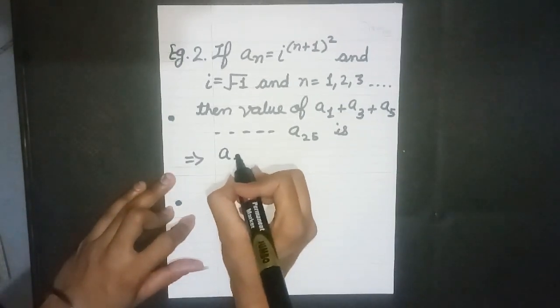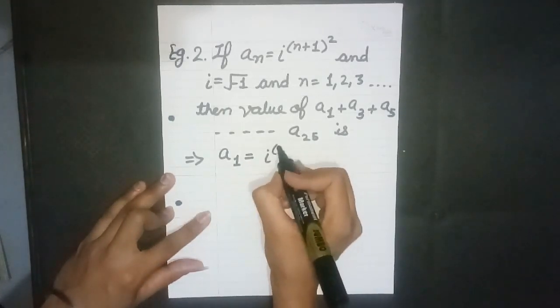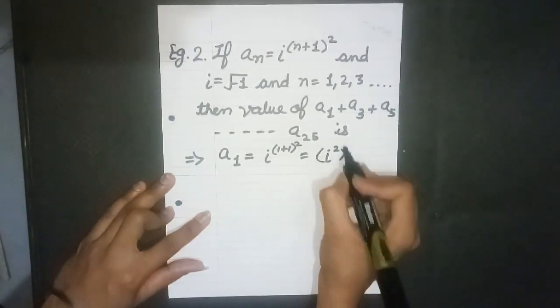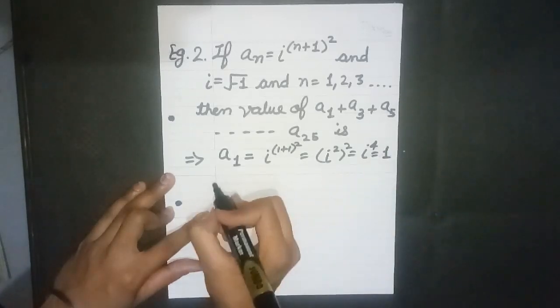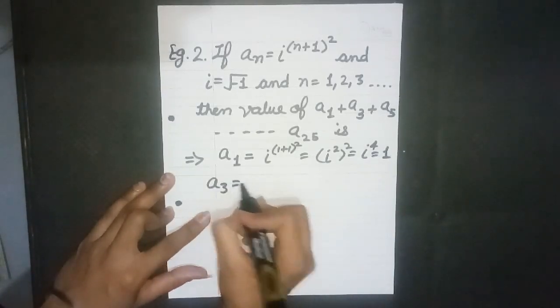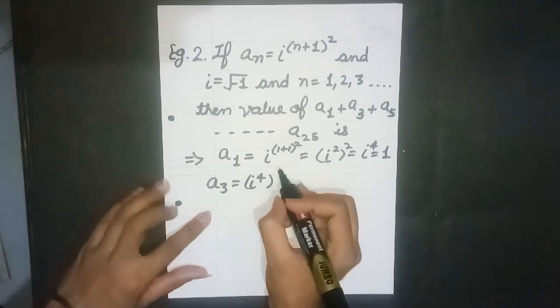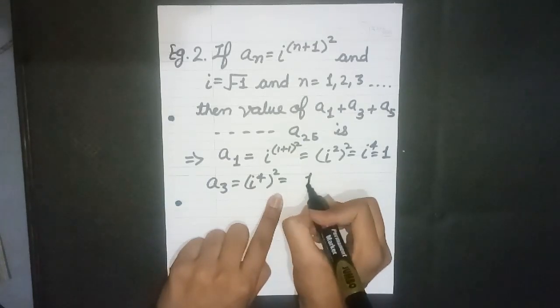Put a1, that is equal to iota raised to power 1 plus 1 square, that is equal to iota square, and then square that is equal to iota 4, that is equal to 1. Same way a3 is equal to iota raised to power 4, and then square that is equal to 1.